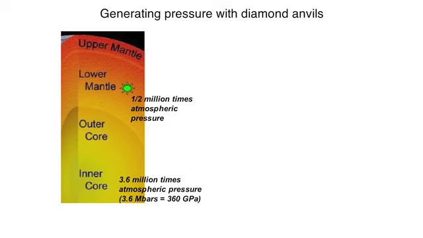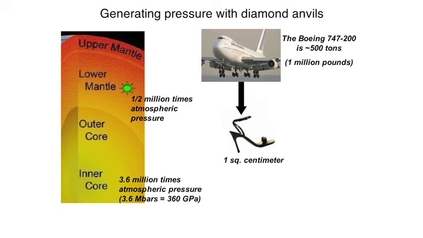So let's take a minute to talk about how to generate the pressures that we need to simulate the conditions inside of the Earth. If we look at halfway into the lower mantle, which is 500,000 times atmospheric pressure, that is equivalent to a Boeing 747 sitting on top of a high heel that's about 1 square centimeter.